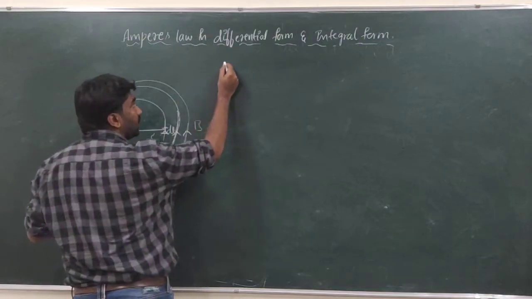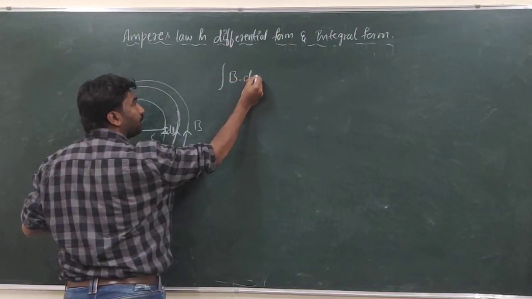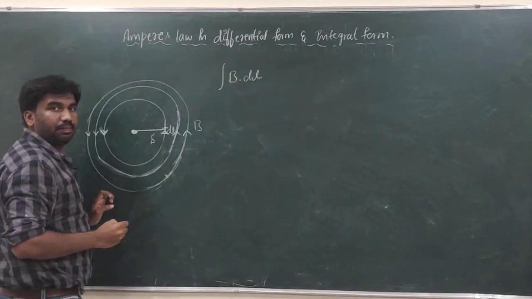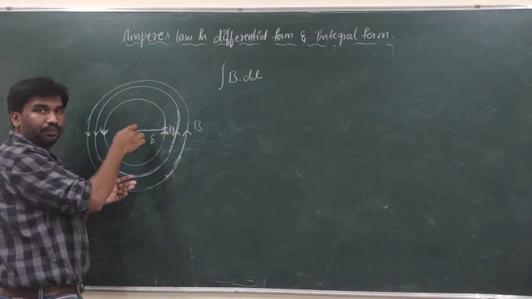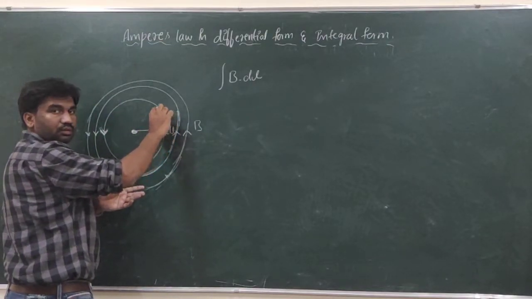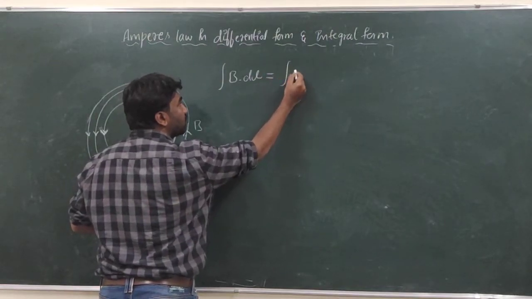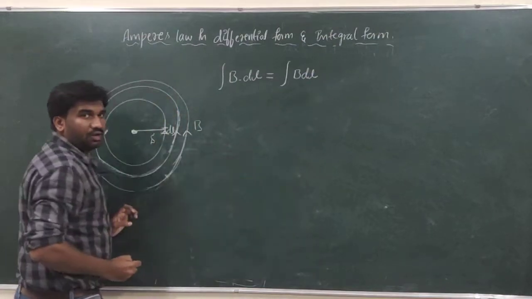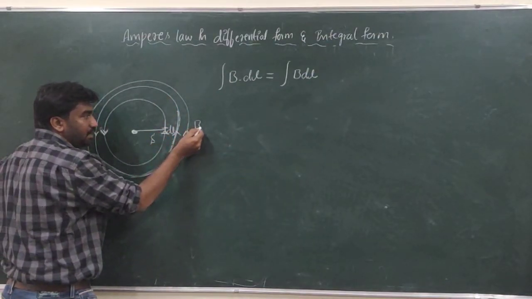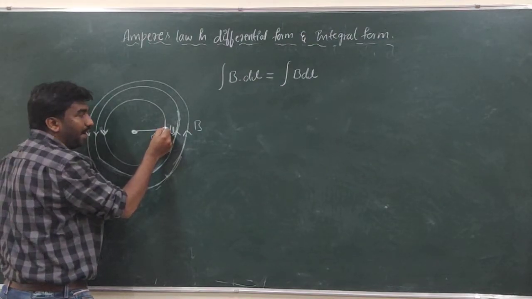Then integral B dot dl, I am integrating over the whole circular path. So integral B dot dl is equal to integral B dl, because our magnetic field B and this length element dl are parallel to each other.